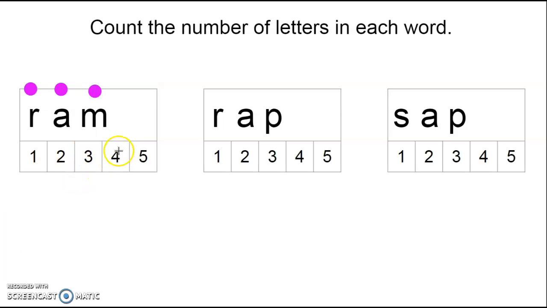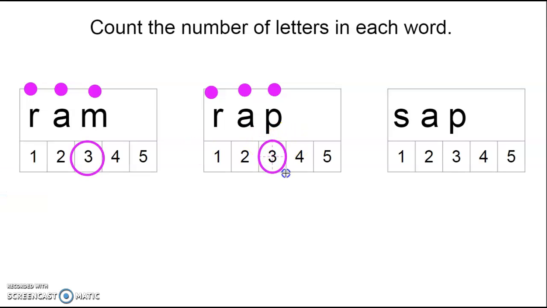There are 3 letters in the word ram. Very good. Our next word is wrap. R-A-P spells wrap. Let's count. 1, 2, 3. There are 3 letters in the word wrap.